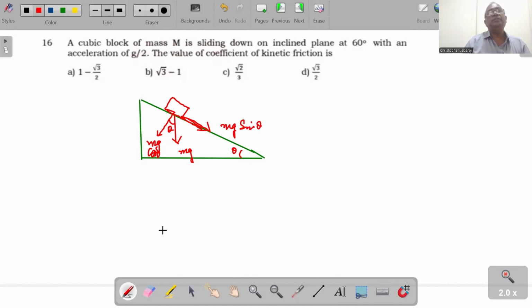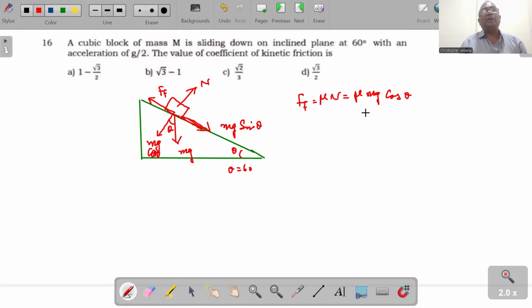Opposite to that there is a frictional force F. This frictional force is equal to mu into N, where normal N equals mg cos theta, so F is mu mg cos theta. It is clearly told that the angle is 60 degrees, so theta is 60 degrees.